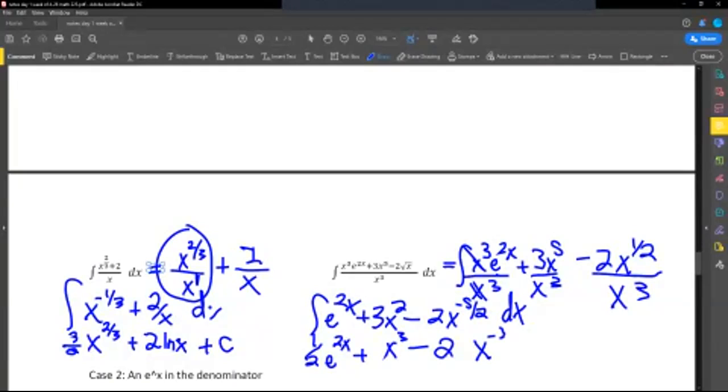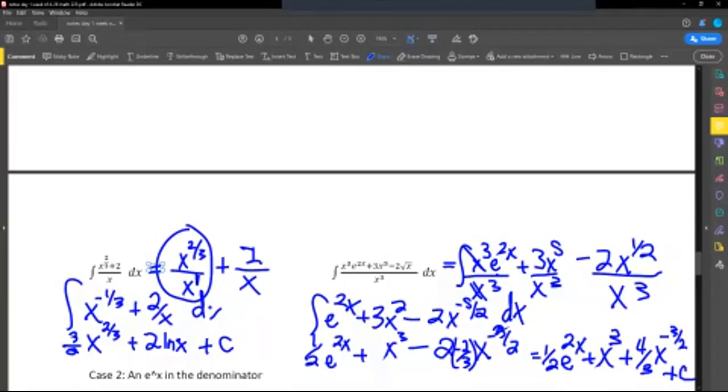And again, then multiply by the reciprocal of the exponent. So that's times negative 2/3. So I end up with 1/2 e to the 2x plus x cubed plus 4/3. I'm just going to leave the negative exponent. Most of the time they're not going to care. Plus c. Okay.